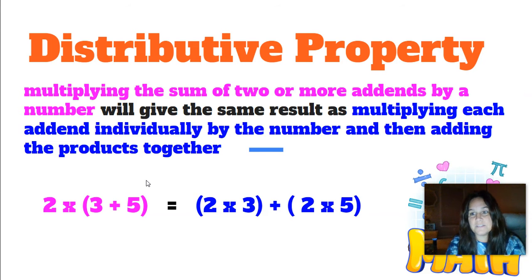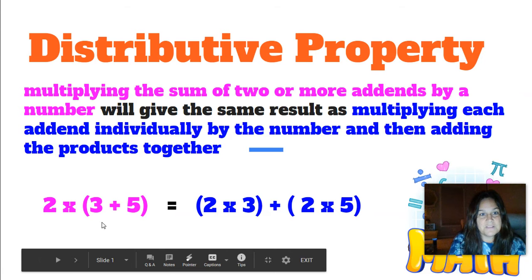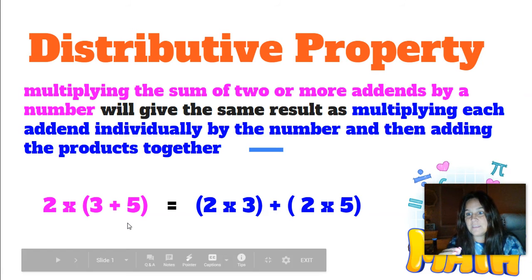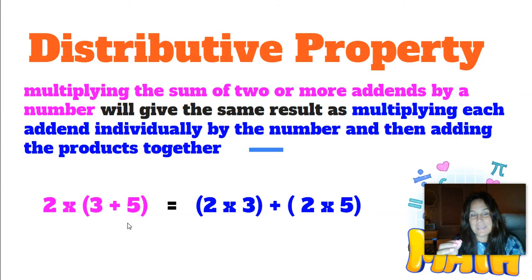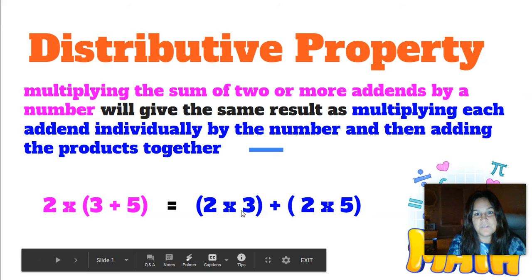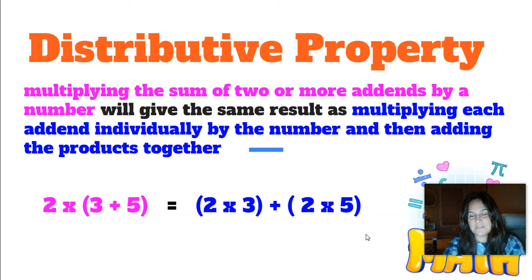So what this property is telling us is that 2 times (3 plus 5) is going to give us the same answer as 2 times 3 plus 2 times 5. I'll give you a minute to go ahead and look at that and see if you agree.